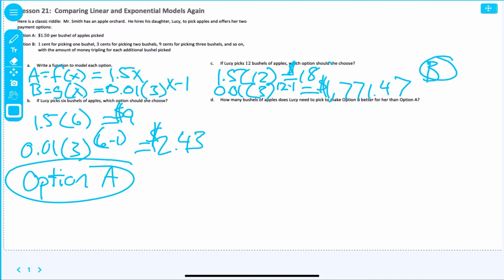Now, how many bushels of apples does Lucy need to pick to make option B better for her than option A? Somewhere in between 6 and 12, right? How would we do this? Guessing and checking, that is one way.